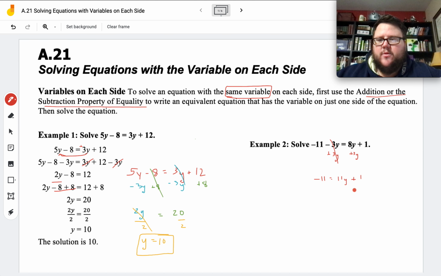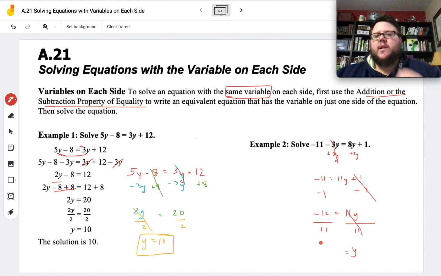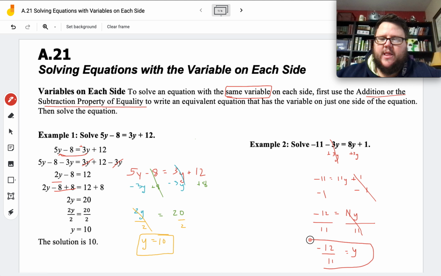So now I can subtract the 1 from both sides. My 1's cancel out. I get negative 12 equals 11y. Divide by 11, and I get y equals. Now, I'm going to leave it as an improper fraction. It's perfectly fine to just say negative 12 over 11. And that's my answer.